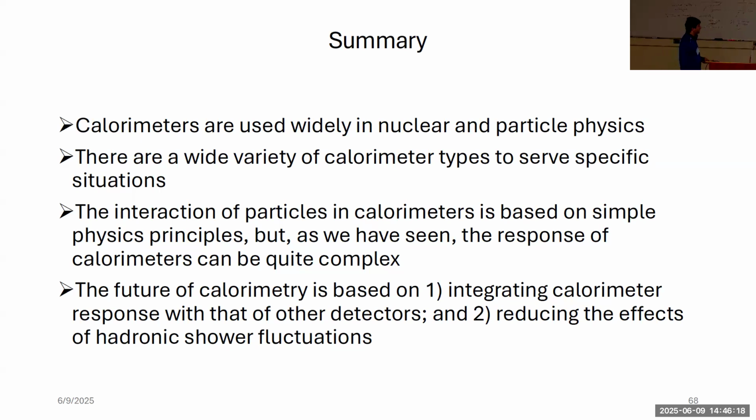The future of calorimetry is based on integrating calorimeter response with that of other detectors, which is called particle flow approaches to reconstruction, and also reducing the effects of hadronic shower fluctuations, which is this idea of dual readout or triple readout calorimetry. So that's all I had.